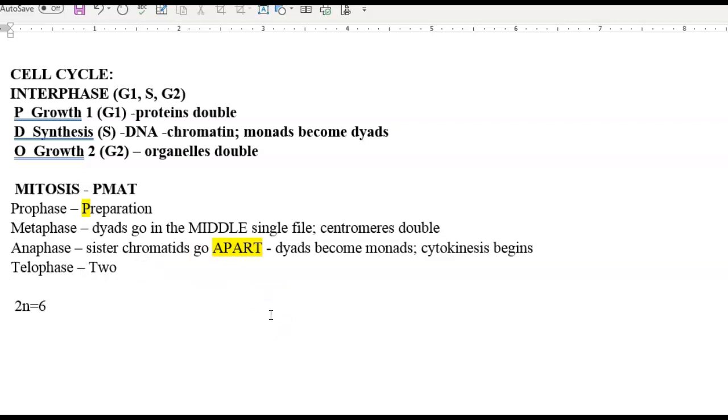So we're going to have 6 chromosomes, and we're going to have 3 pairs. So 3 different kinds, 2 of each. Just take that number 6 and divide it by 2, and that's how many different kinds we have, and we have 2 of each kind. So let's go draw some pictures. I'm going to get a piece of paper out, get ready to draw some pictures.